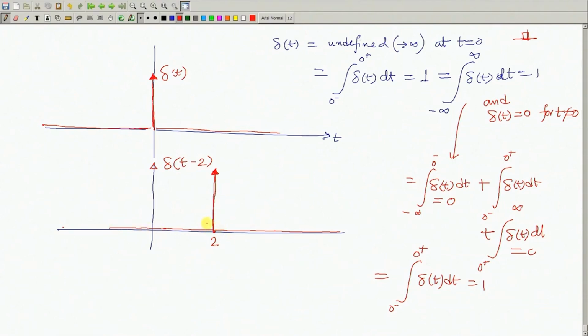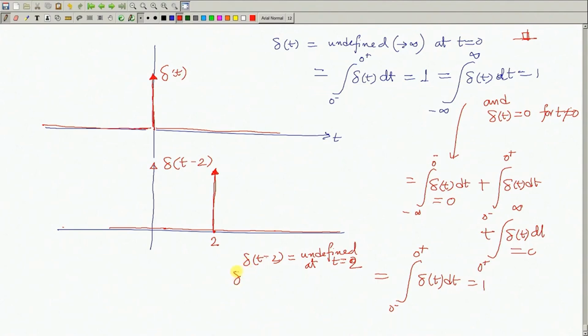How do I describe this function? I will say delta(t minus 2) is undefined at t equal to 2. At t equal to 2 it is undefined, infinite, the same impulse, but occurring at t equal to 2.